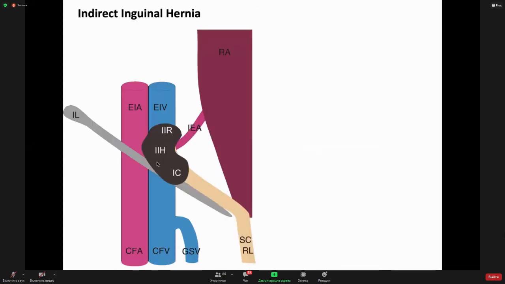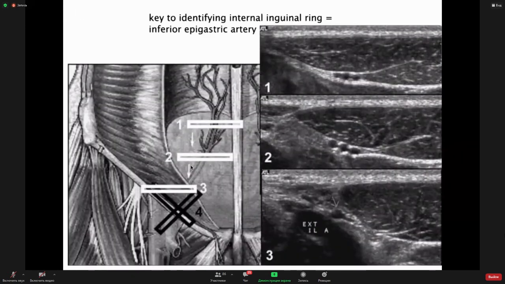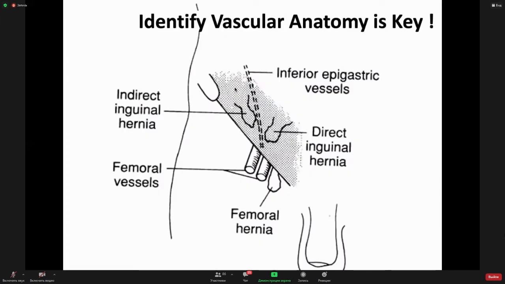If we have a defect that is lateral to the inferior epigastric artery, we're going to have an indirect defect. So here, we're always going to search for the inferior epigastric artery. And how are we going to see that? We're going to find it high in the abdomen, and we're going to come down to the hypogastric until we can see it arising from the external iliac artery. When we do this, we can understand if we're dealing with an indirect, direct, or a femoral hernia.